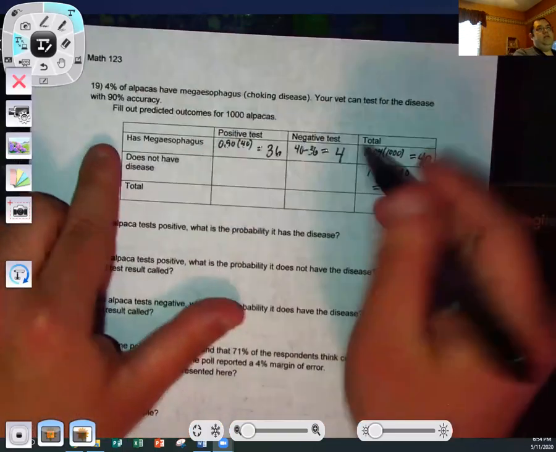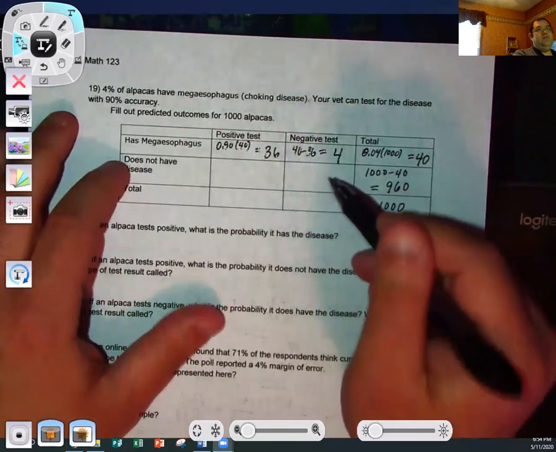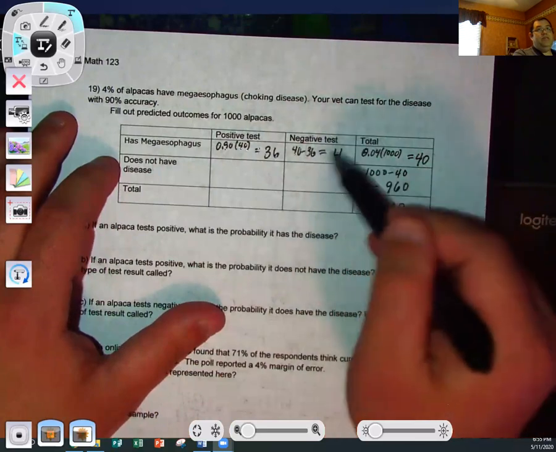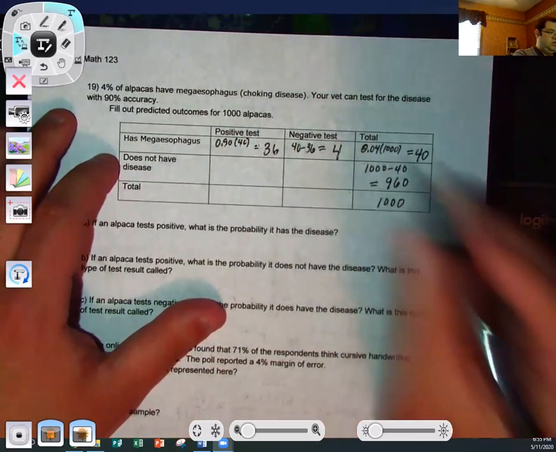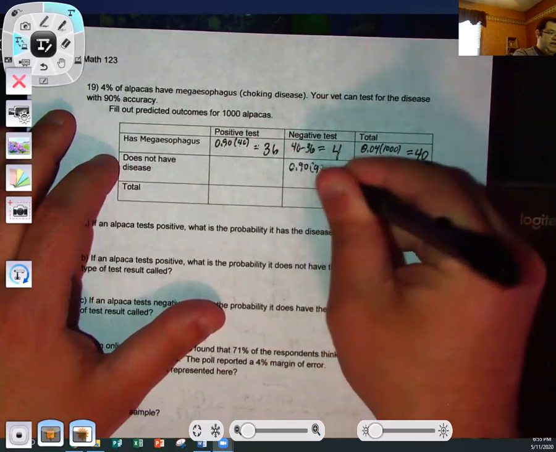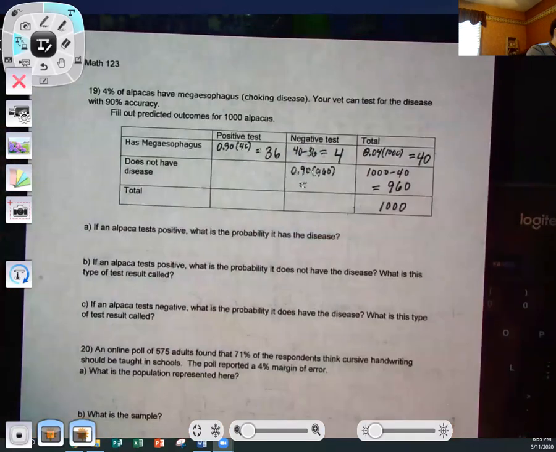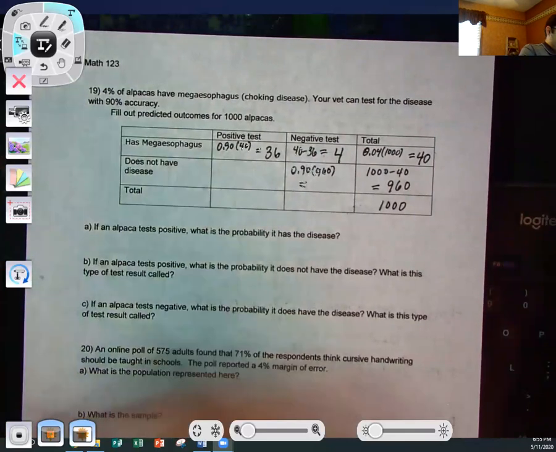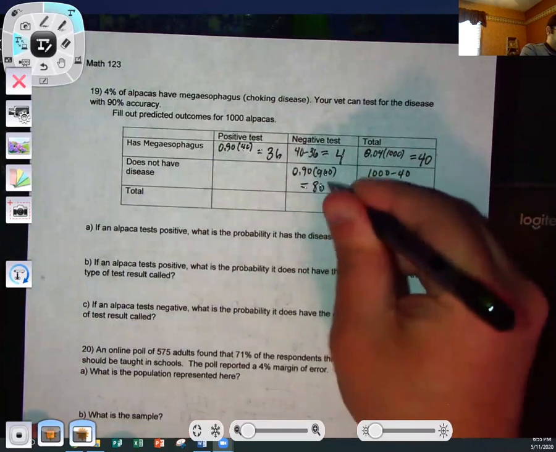Now we do the same thing for those that do not have the disease. So if they don't have the disease, 90% of them would get a negative test result. So here we would do 0.90 times 960 to get 864.